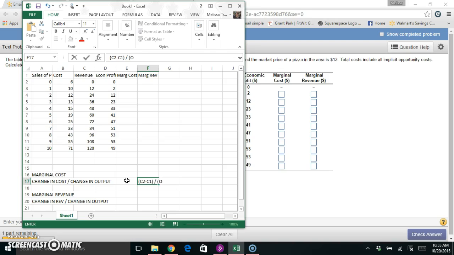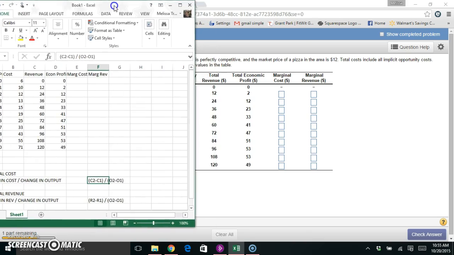So my output 2 minus output 1. Does that make sense? So change in math always just means difference, right? So the difference down here between revenue 2 minus revenue 1 divided by output 2 minus output 1. All right? So there are our 2 formulas.